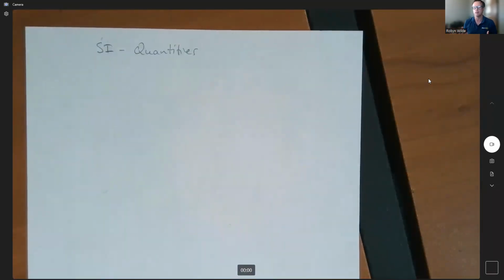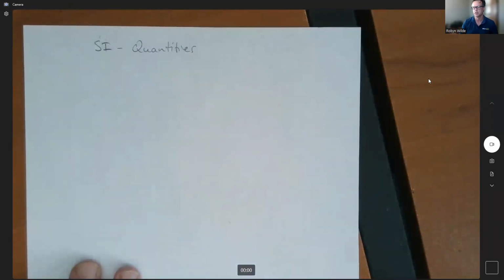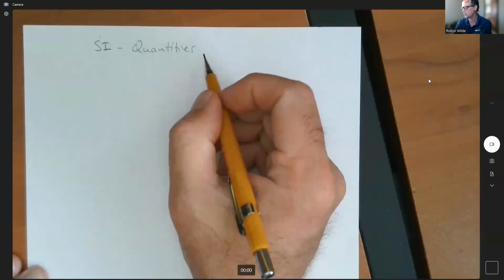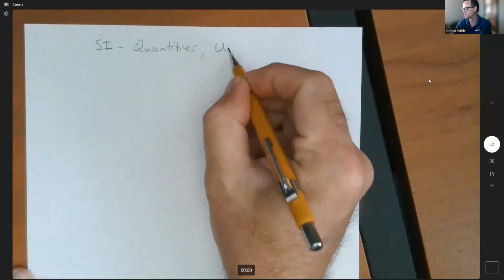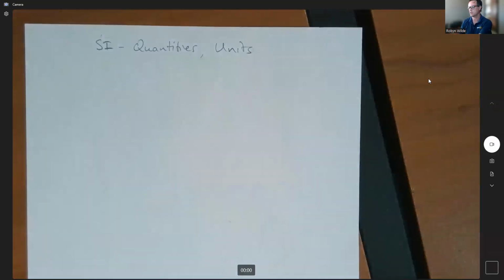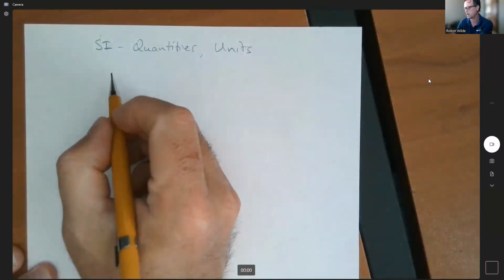Well, they are things that can be measured, because in science, we are going to make measurements, and we are going to measure certain quantities like the length of something or the speed of something that we're going to talk about in this chapter. When we make those measurements of those quantities, we all need to agree on what amount we're getting, and that brings us to our units.